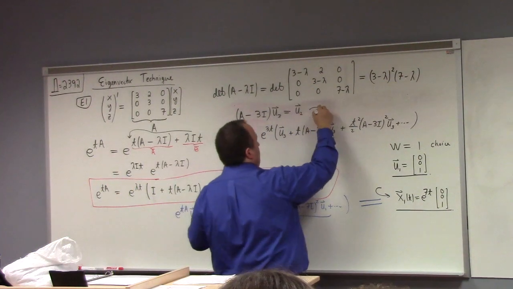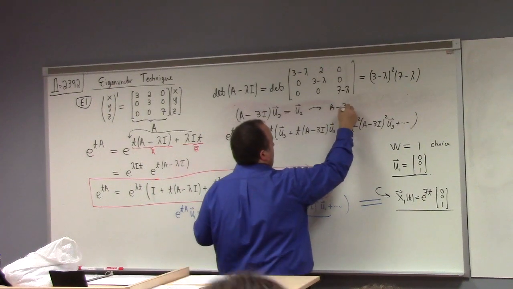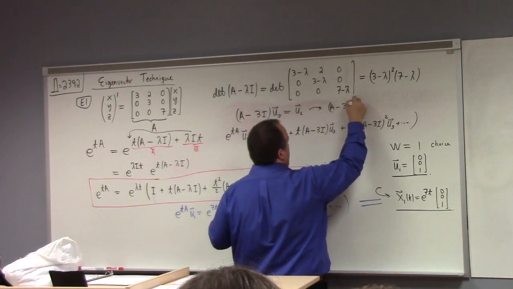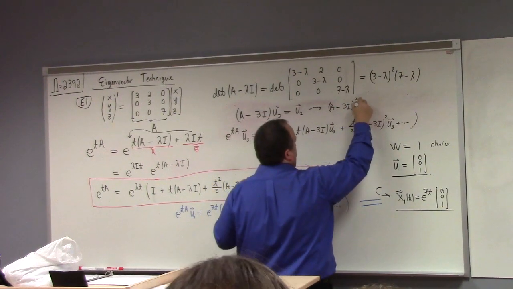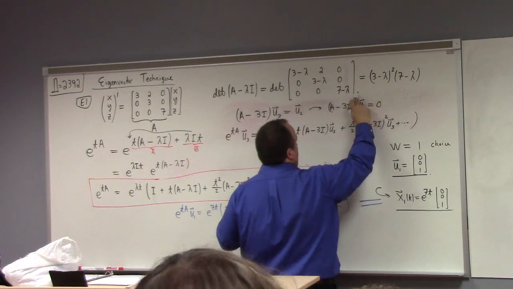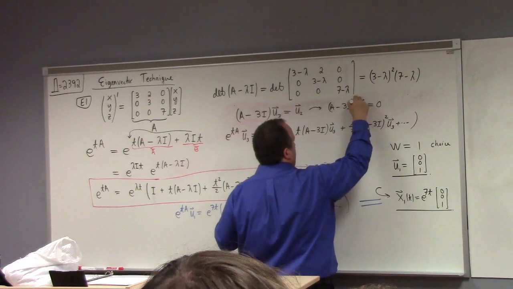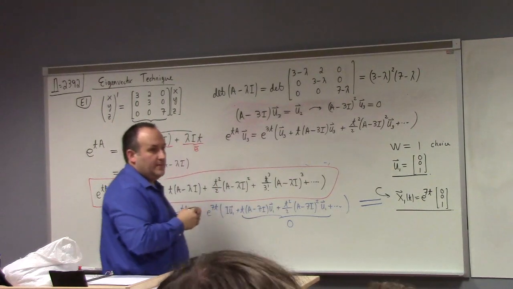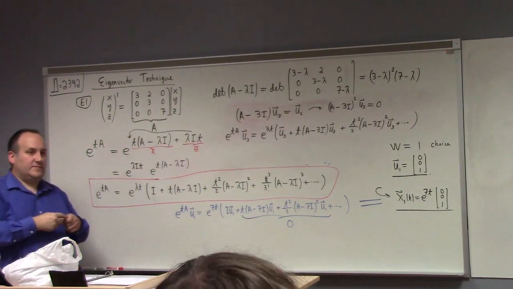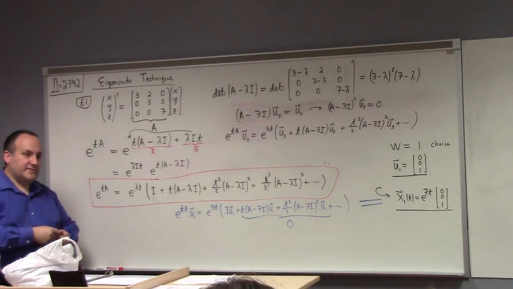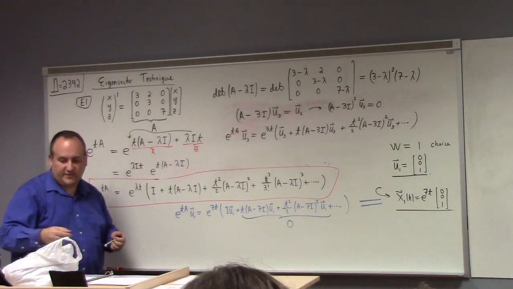A minus 3I squared on u3 is 0, right? And that means the cube acting on it is also 0, and the fourth power of that matrix is also 0.